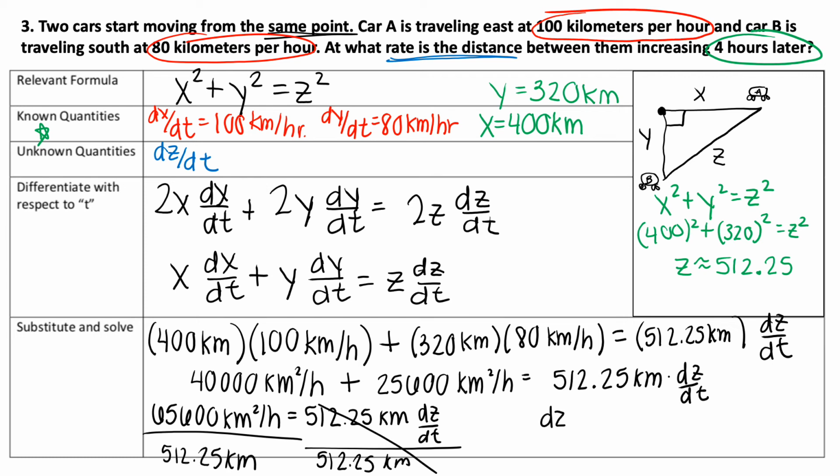And we are left with dz/dt, the rate that the distance between these two cars is increasing 4 hours later, would be equal to 65,600 divided by 512.25, which is 128.06 kilometers squared per hour divided by kilometers, which just gives us kilometers per hour.